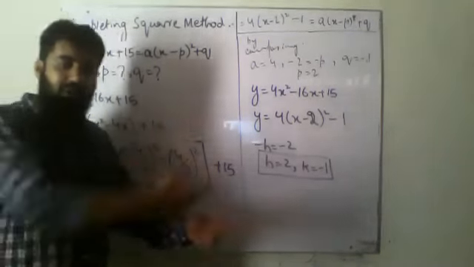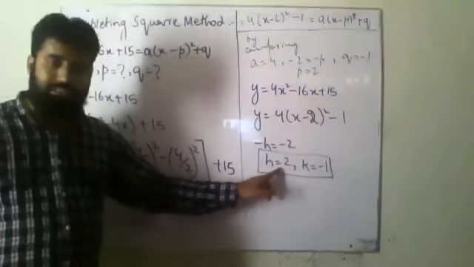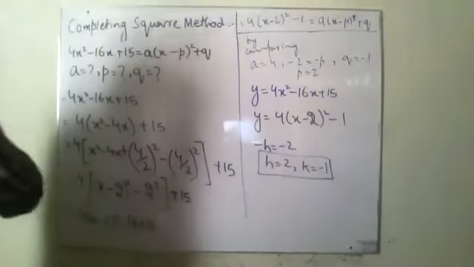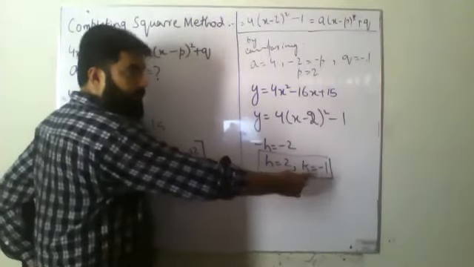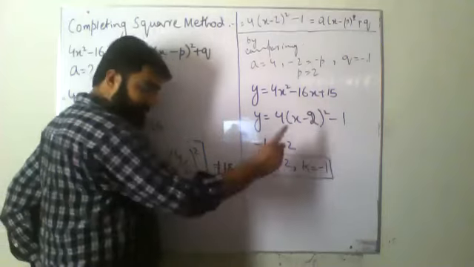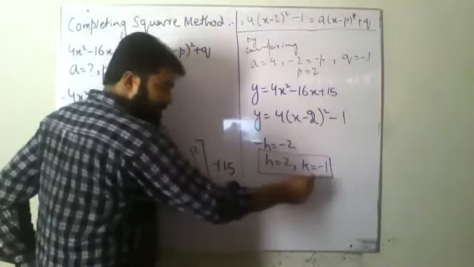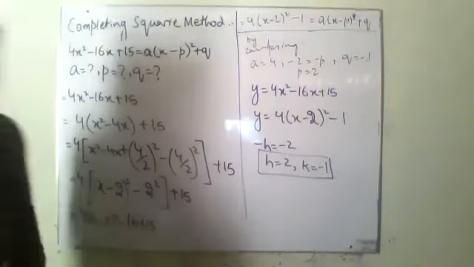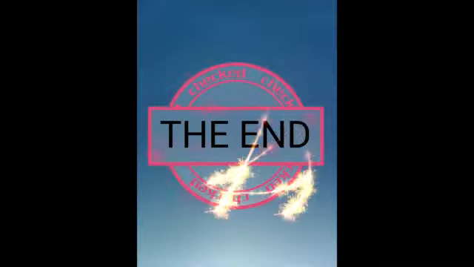Every next value of h will be either greater than or lower than this one. If it is minimum, then this thing is minimum. If it is maximum, this is the maximum point of the curve on the y axis.